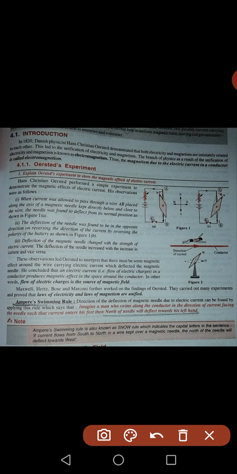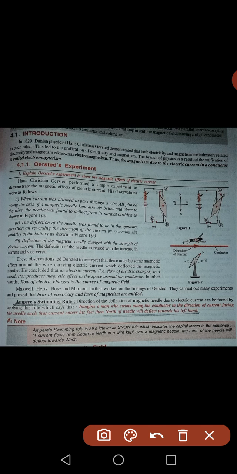So the person's face is facing the needle. We imagine that the current enters the person's body through his feet from this side, and leaves through the head.